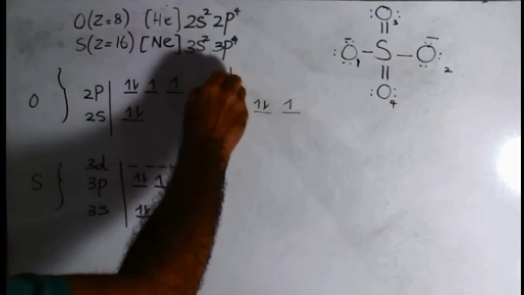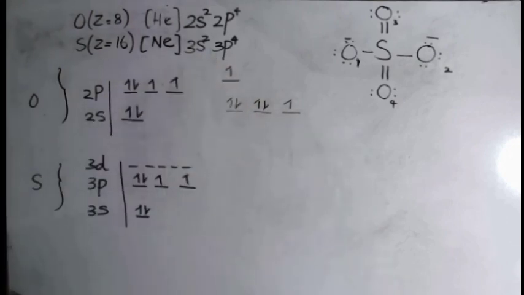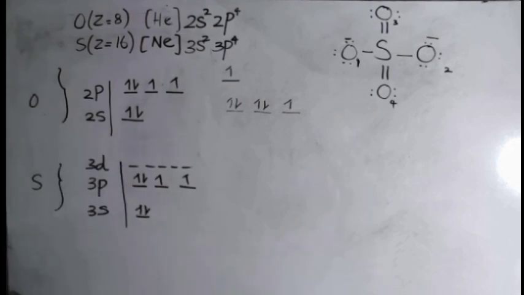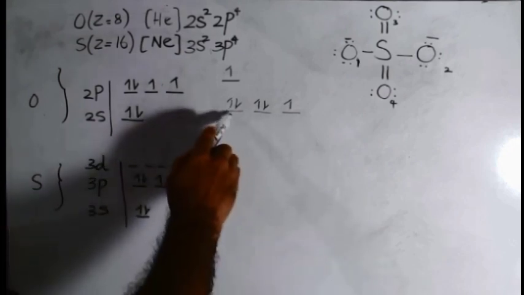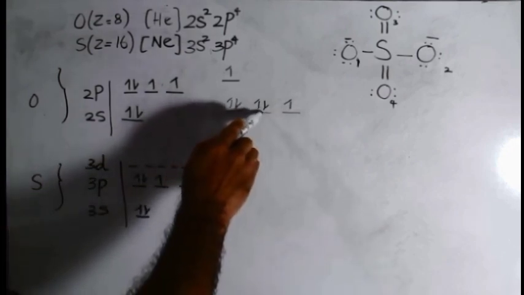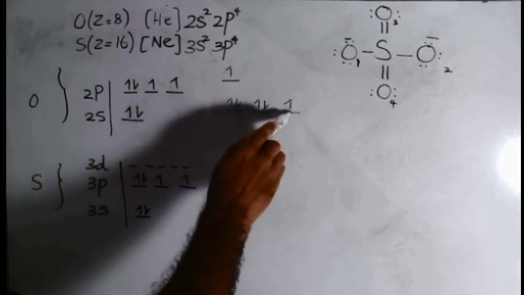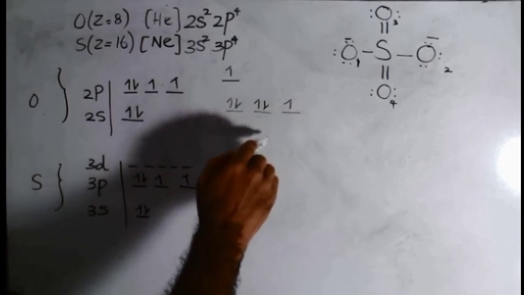So 1 p remains unchanged. That electron in the p orbital is used to make the pi bond, and these coupled 2 pairs exist as lone pairs, and this uncoupled electron is going to make the sigma bond.